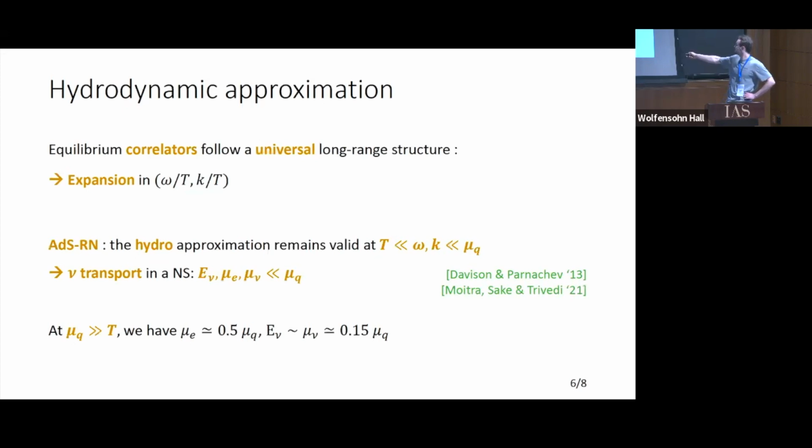But previous results in the charged black hole background have shown that this approximation actually extends to energies and momenta much larger than the temperature, as long as they are much smaller than the chemical potential. And in the context of neutrino transport, this translates into the condition that the leptonic energies are much smaller than the baryonic scale.